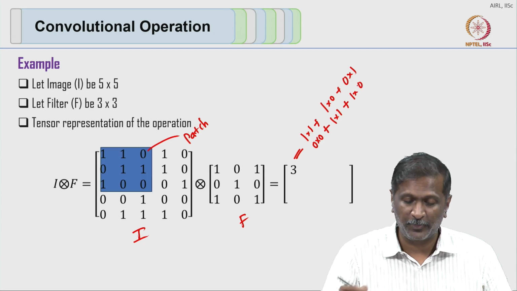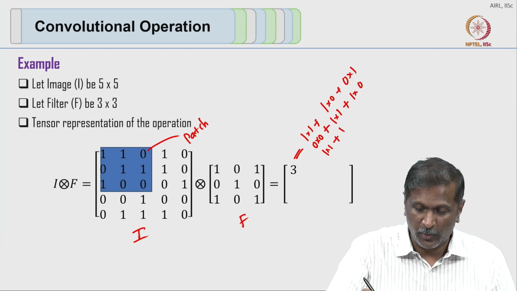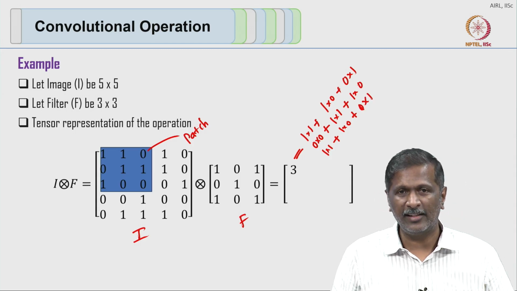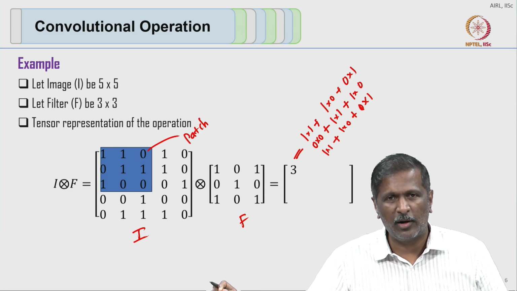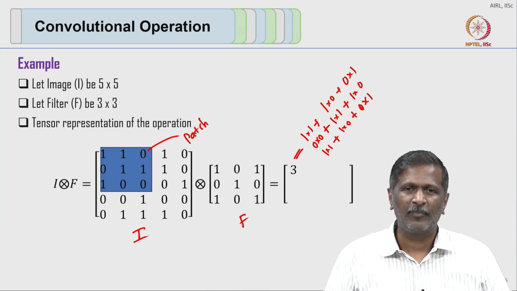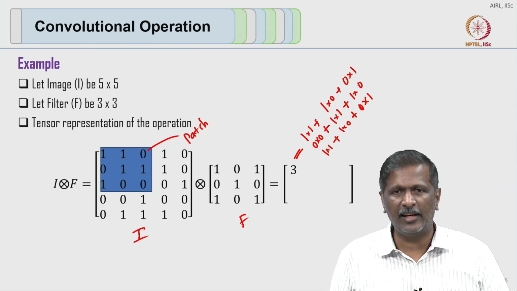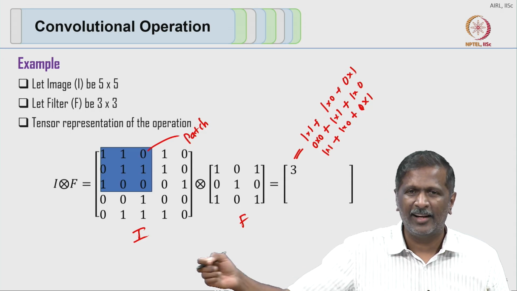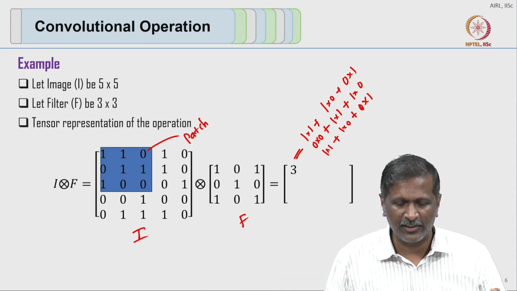The third row: 1 into 1 plus 1 into 0 plus 0 into 1. So every pixel in the patch of I is multiplied by the corresponding pixel in the filter, and summed. That is what we represent as summation m, summation n, I of I plus m comma j plus n, into f of m comma n. So that is what we are trying to do.